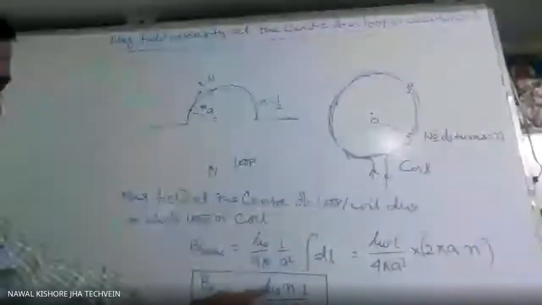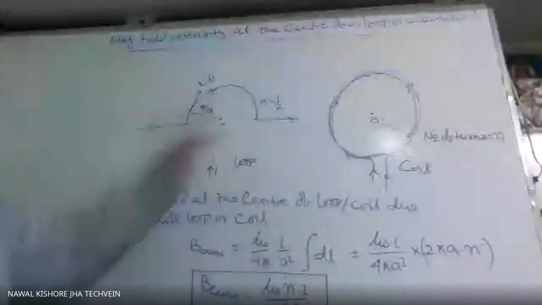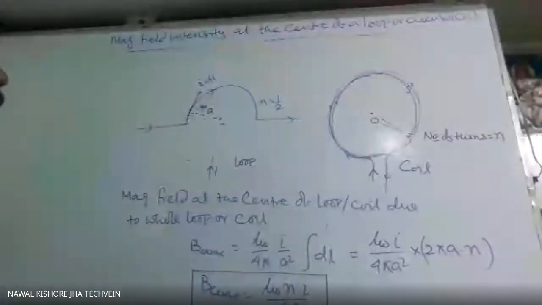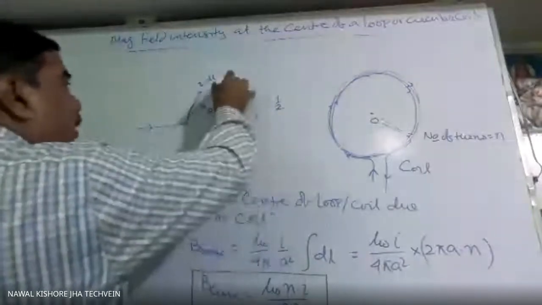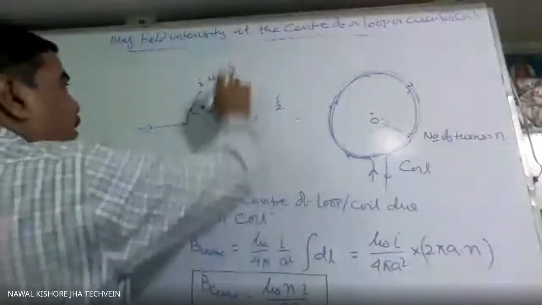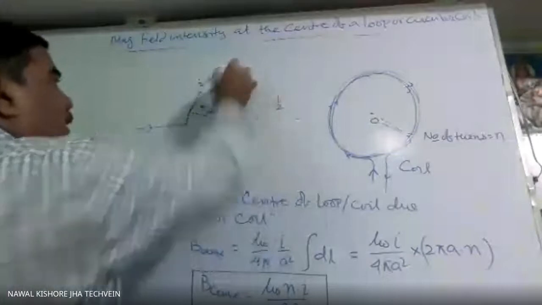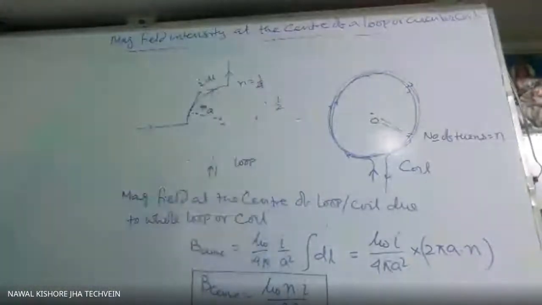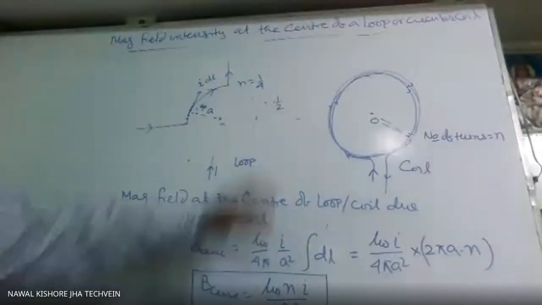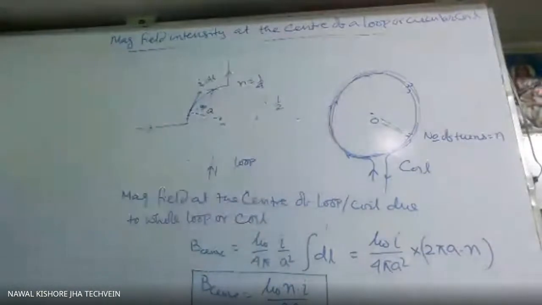We will use the same formula, the value of N will become half. If only 1/4 is there, suppose the current is entering from here and leaving at this place like this, then N will become 1/4. So the same formula is applicable for a loop or coil when we are considering the center. Okay.